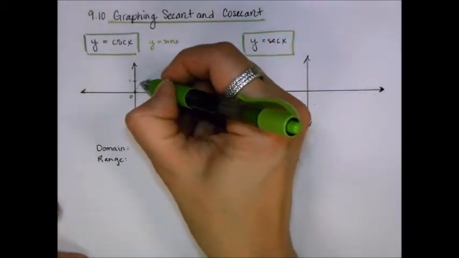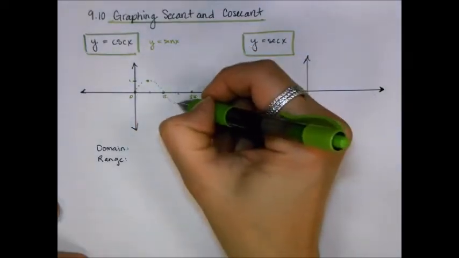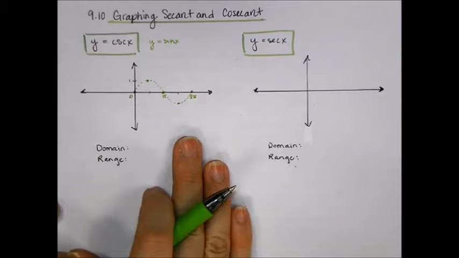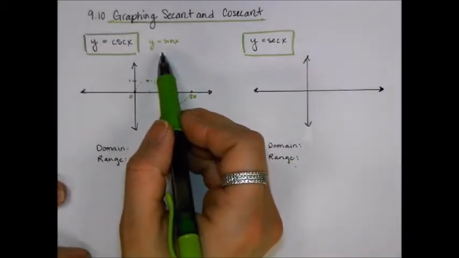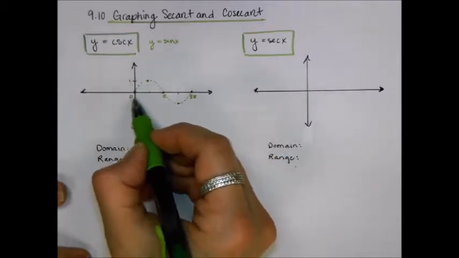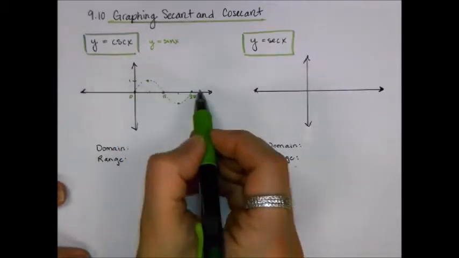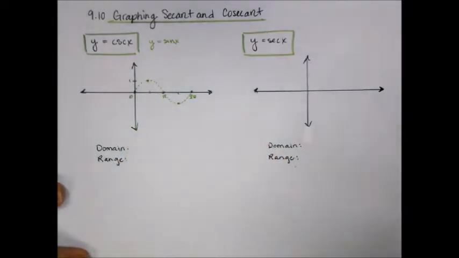Now we'll just make a slightly dotted graph so we can see it in here. So this isn't the graph we want, but cosecant is the reciprocal of sine. So we're going to start with the reciprocal of our values here. Taking the reciprocal of our 0 values puts 0 in the denominator and gives us an undefined value.